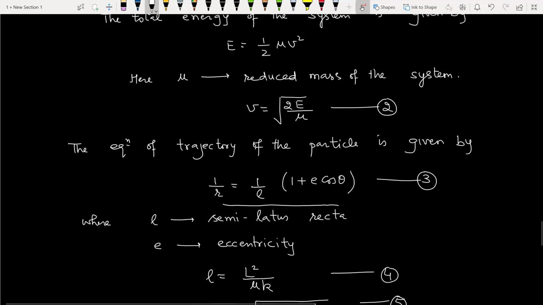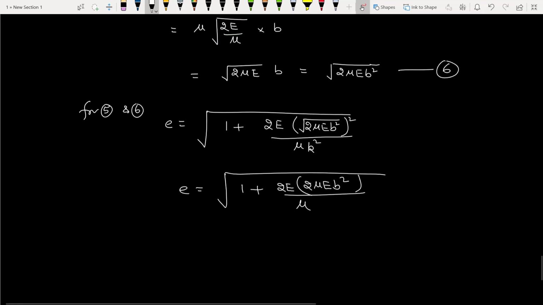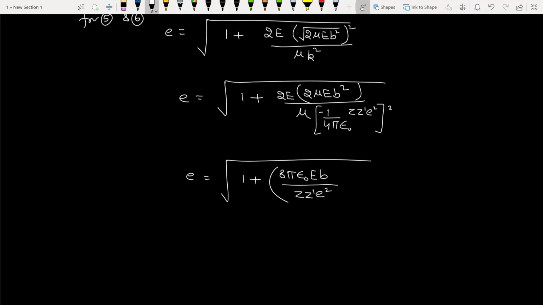The value of k is from equation number 1: it is 1 by 4 pi epsilon naught, negative sign, z dash e square, whole square. So if we solve this, we will be getting 1 plus 8 pi epsilon naught E b upon z dash e square, whole square.